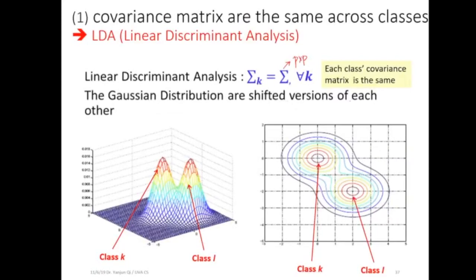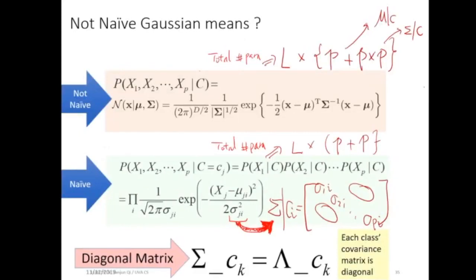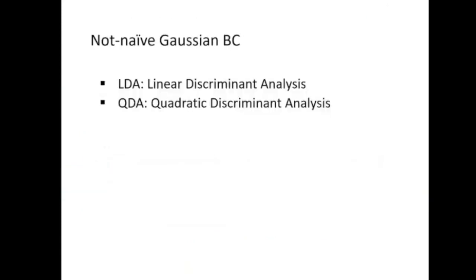Now let's go to the non-naive case, but with some assumptions, because with p quadratic there are too many parameters to estimate. In the majority of the pre-deep learning era, the size of the training data was, in a lot of cases, even smaller than 10,000.